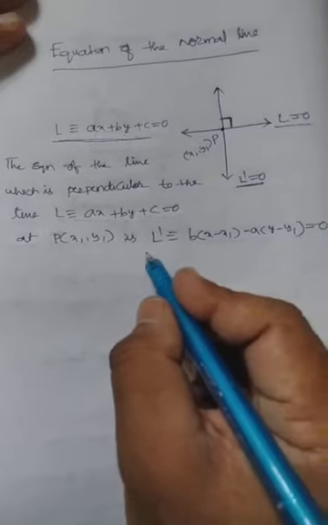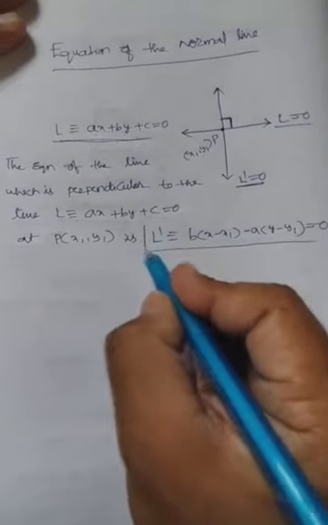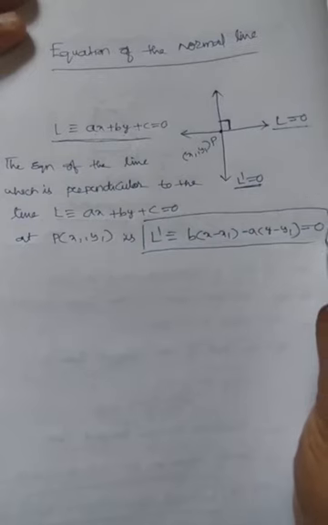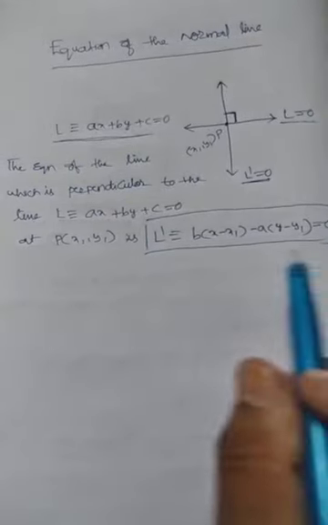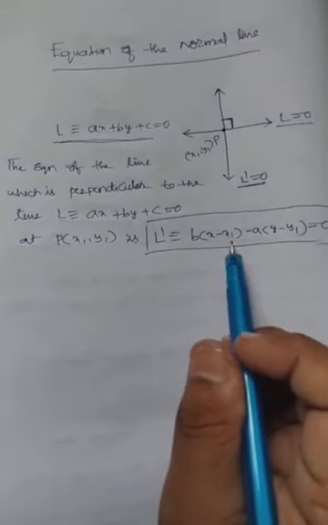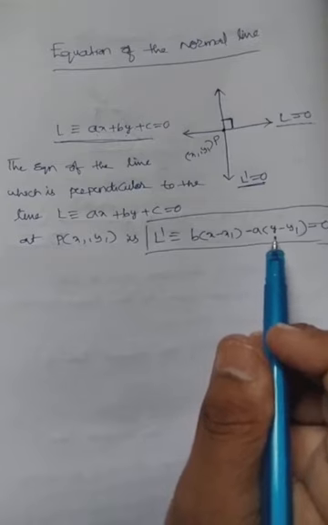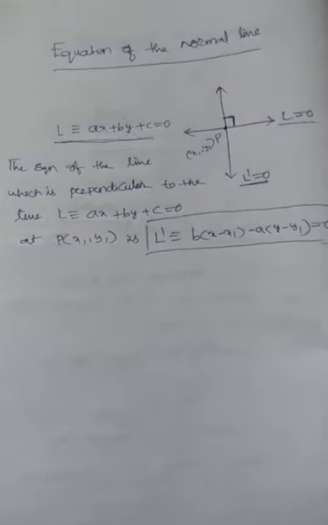This is the direct formula of the perpendicular line to a line. Okay. So what is that formula? B into x minus x1 minus a into y minus y1 is equals to 0.